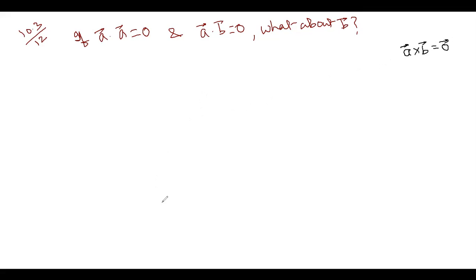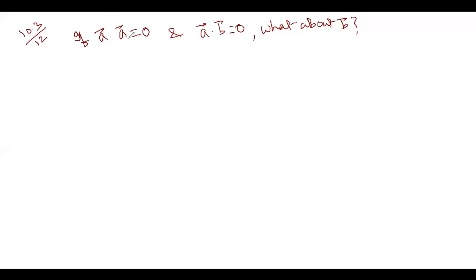Okay. So now what can you conclude? A dot A is equal to 0 and A dot B is equal to 0, as given.